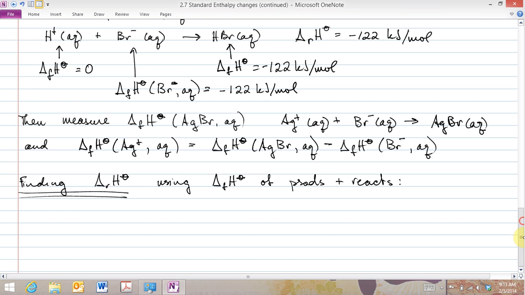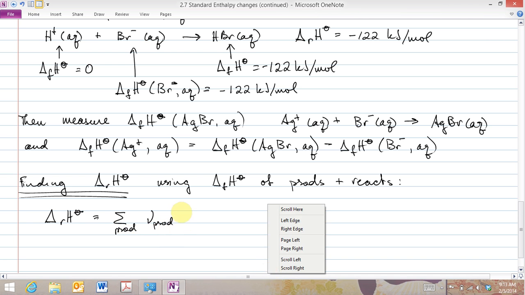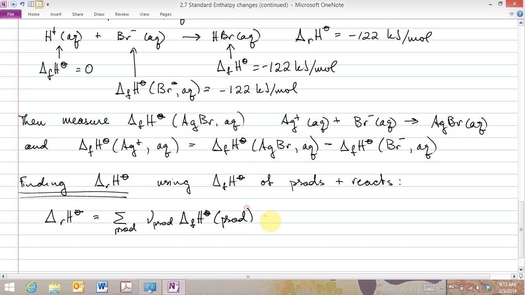And this looks exactly the same as what we have seen in 2.7 B. So the standard enthalpy of a reaction is equal to the number of moles of each product multiplied by the respective enthalpy of formation of that product, minus the same for the reactant side.